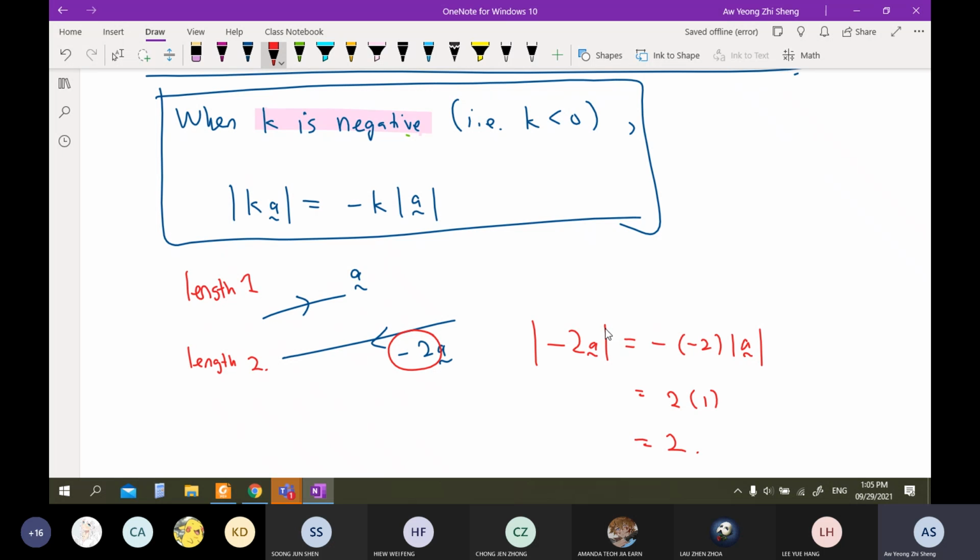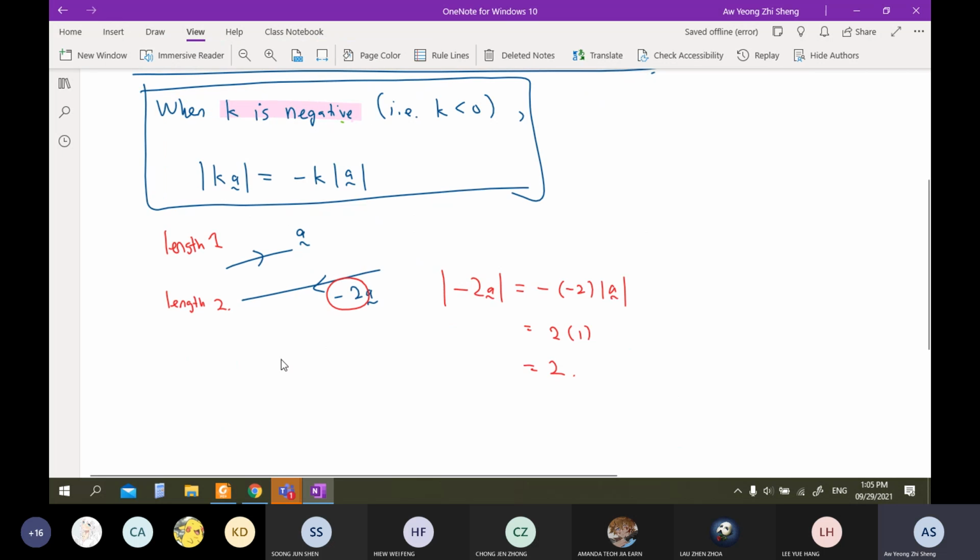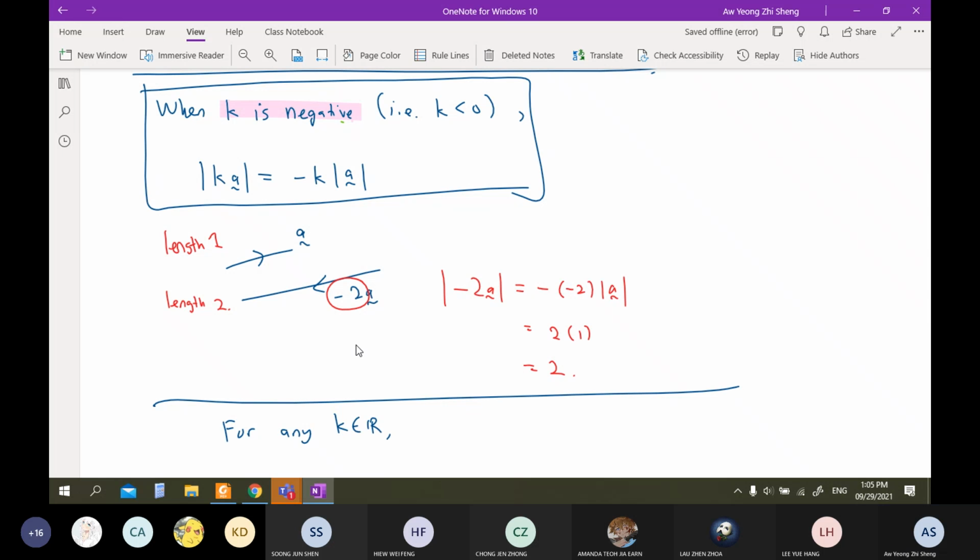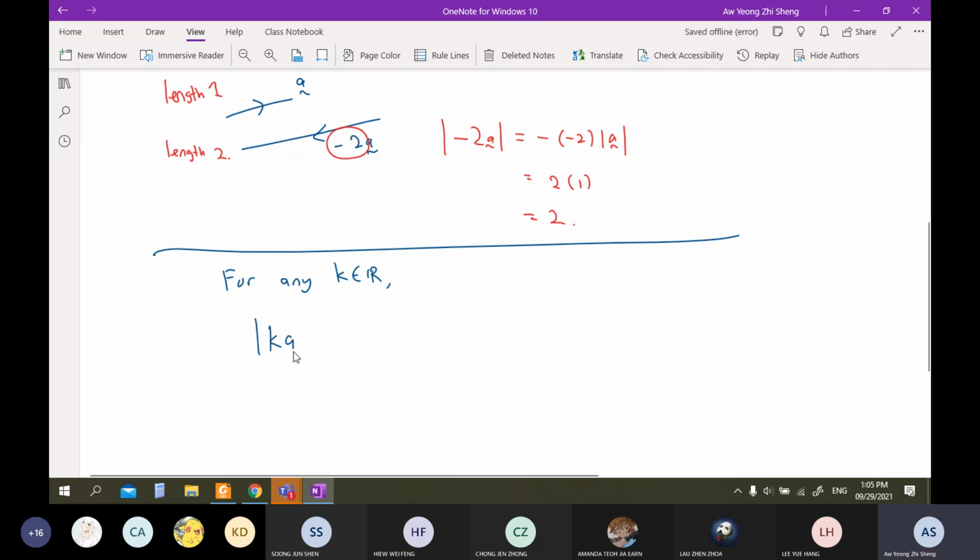If we want to include both possibilities of K being positive and negative, the true relationship is, for any K in R, the length of Ka is actually modulus K times modulus A. And this is a correct relationship.